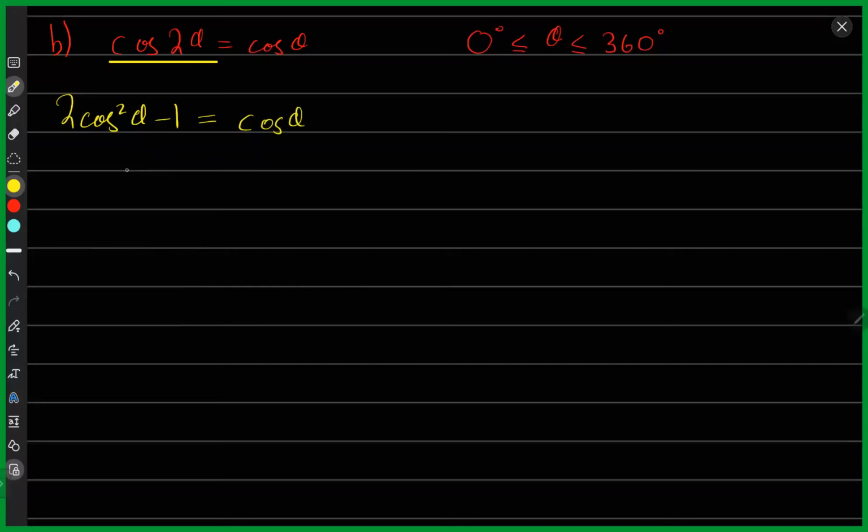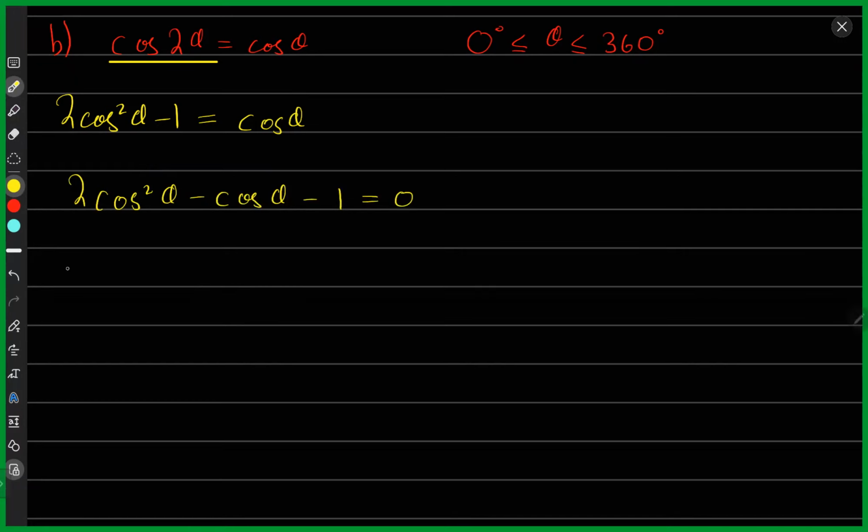So I'll just take everything on the left side. 2 cos square theta minus cos theta minus 1 is equal to 0. I need two numbers such that when I multiply them, I get minus 2, and when I add them, I get minus 1.